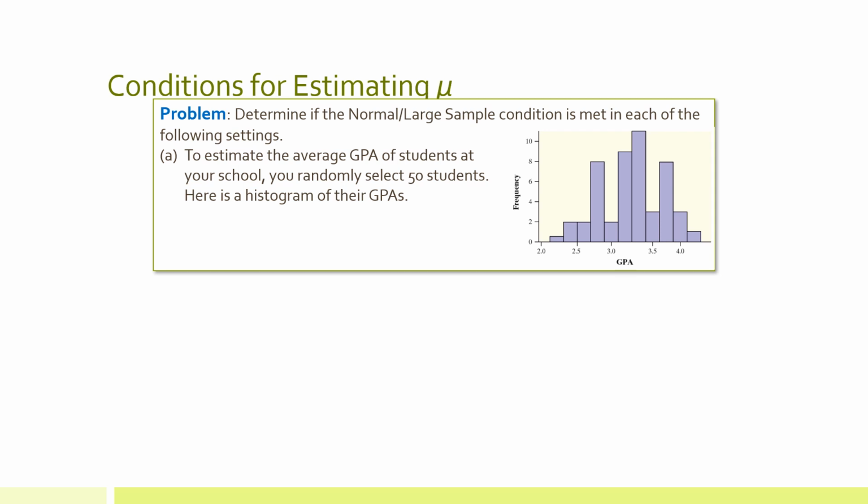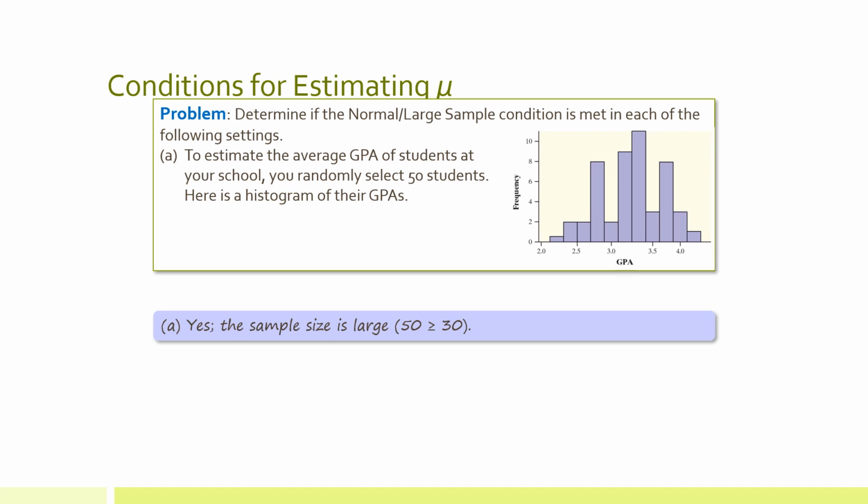How do you know? Go ahead and pause the video so you can talk to your neighbor friend. Okay, and coming back. So, is it normal? The sample size is 50, which is greater than 30. So we're good. I didn't even need this beautiful little histogram here. I'm good. Let's try another.